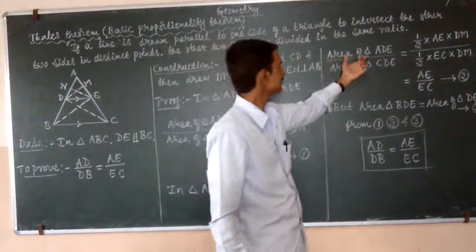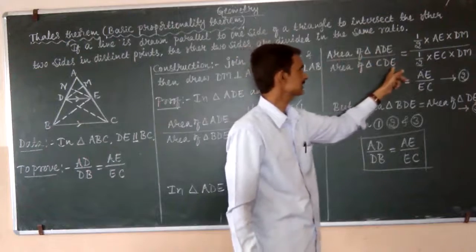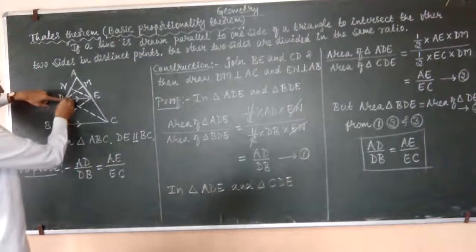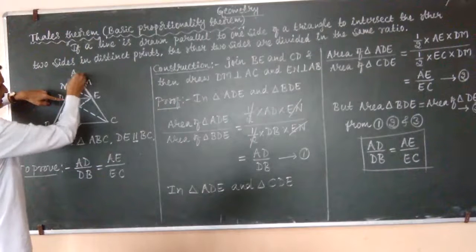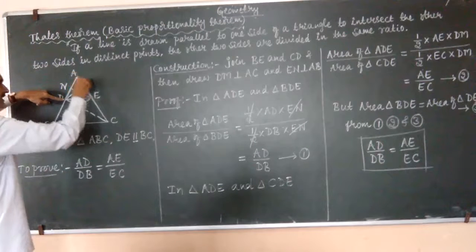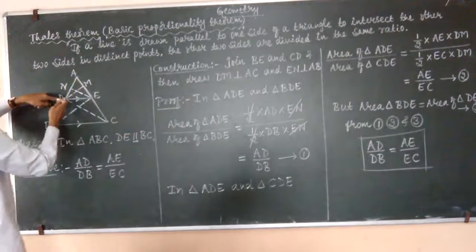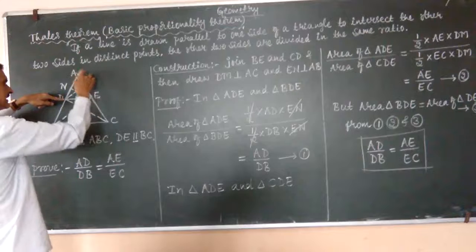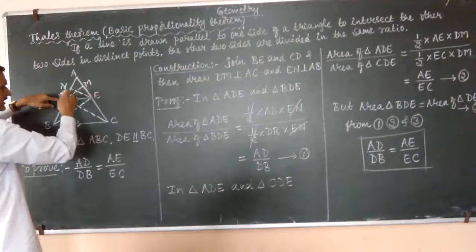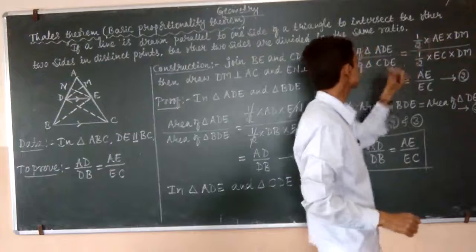So the area of triangle ADE to the area of triangle CDE equals. For triangle ADE, in the previous case we took AD as the base, here we take AE as the base, therefore it will be half into AE into DM.